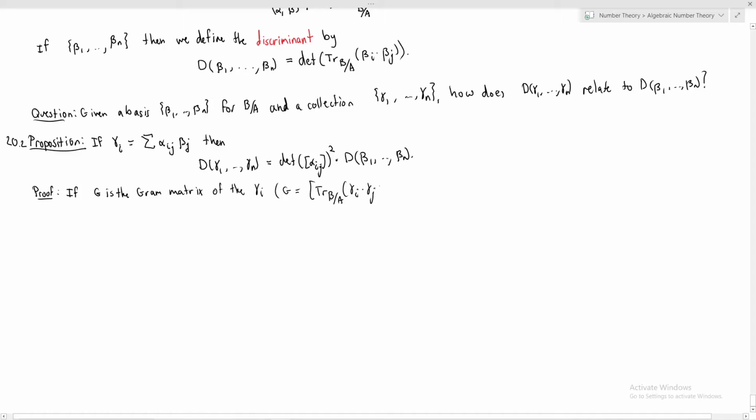So the ij entry is this trace. If G is the Gram matrix of the gamma i, and let's say B is the Gram matrix of the beta i, and let's just say A is this alpha ij matrix, the change of basis matrix.